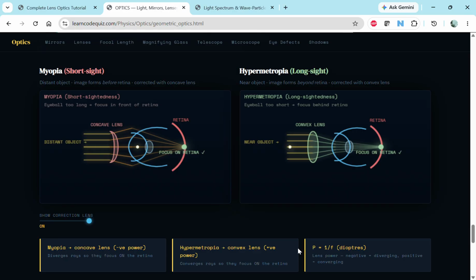Some of the problems that you come across in daily life are reading things. For some people, they have eye issues, right? With age, these things increase more. So what you do is you need lenses to correct the power so that you're able to read.